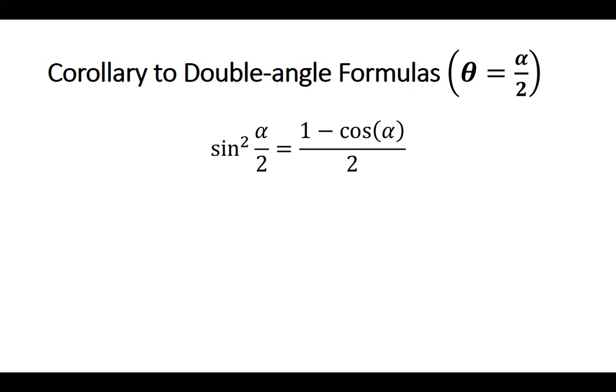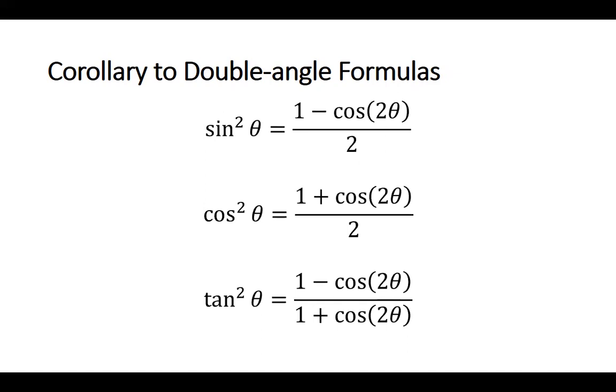And remember, our previous formula was sine squared 2 theta was equal to 1 minus cosine 2 theta. Oh, sorry, sine squared theta. Let me go back to that so that it's nice and easy for us to see. We had sine squared theta is equal to 1 minus cosine 2 theta over 2, right?